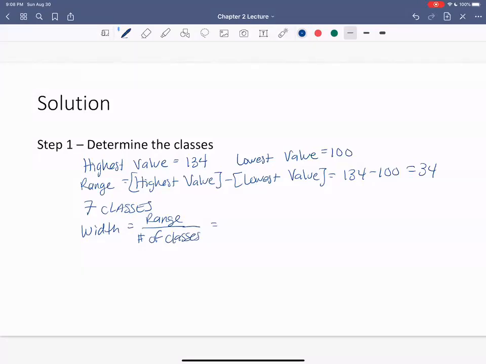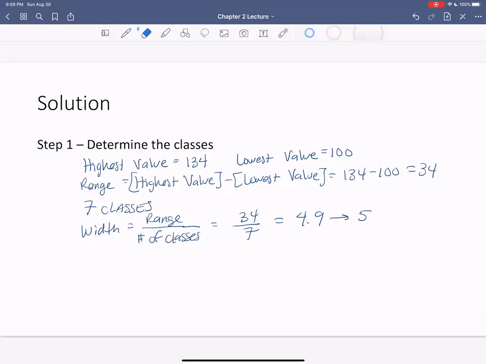So if our range is 34 and the number of classes is 7, this gives us 4.9. And when we find the width, we always want to round up. Even if it was 4.1, or 4.3, we would still round up to 5. So our width is going to be 5. The reason for that is so that all of our data fit into the number of classes that we are trying to find.